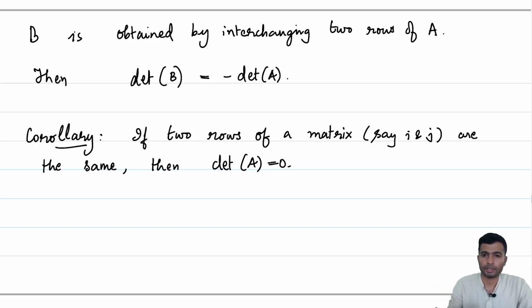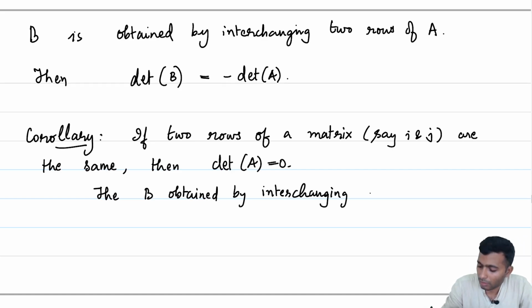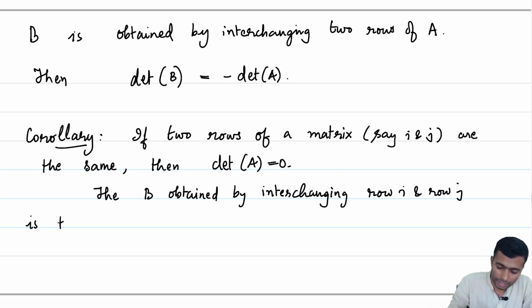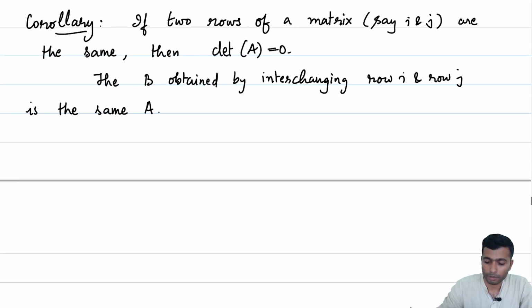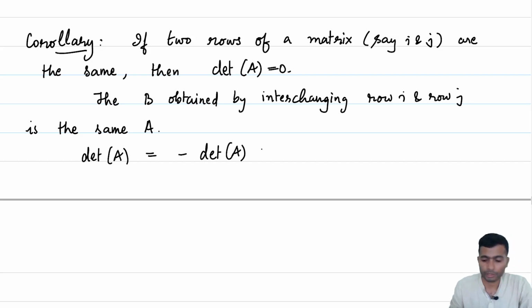The matrix B that we get is actually the same as matrix A. So, let me just note that the B obtained by interchanging row i and row j is the same as A. The matrix does not change, and the property tells us that the determinant of B, which is equal to the determinant of A, is just minus the determinant of A, and therefore 2 times the determinant of A is 0, which implies the determinant of A is equal to 0.